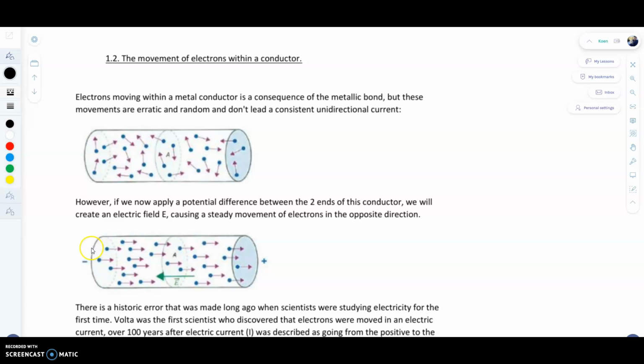However, if we apply voltage to that conductor, meaning we have a negative pole on one end and a positive pole on the other, an electric field is created within that wire. Now, the charges that are in a metal are electrons. They are negative charges.